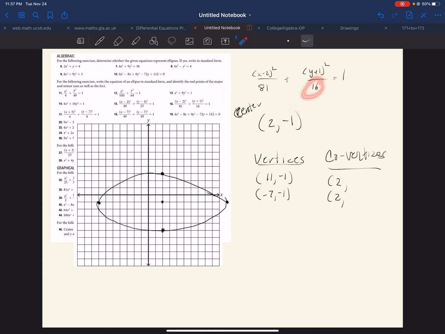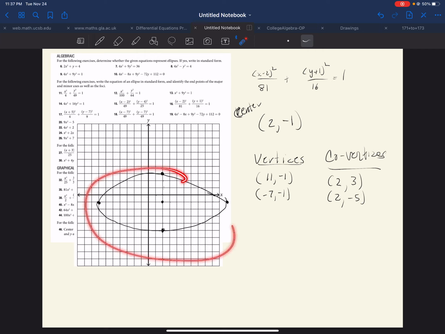But I went up 4, so down 1 and then plus 4. Negative 1 plus 4 should be 3. Negative 1 minus 4 should be minus 5. And so that should be over 2, up 3, and then over 2, down 5. Yeah, so that's exactly those.